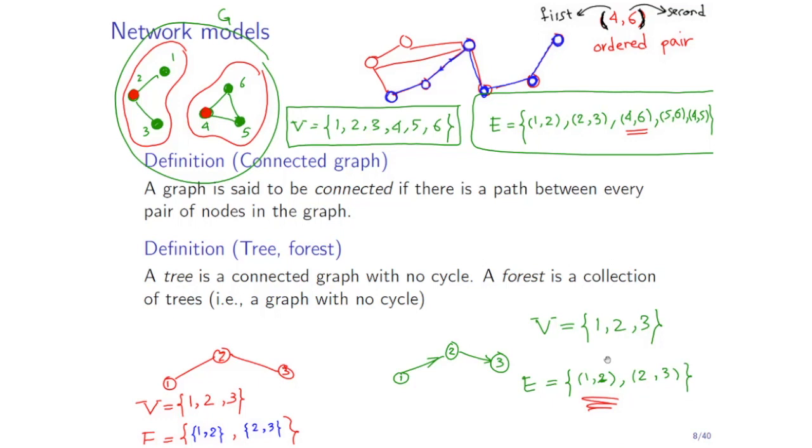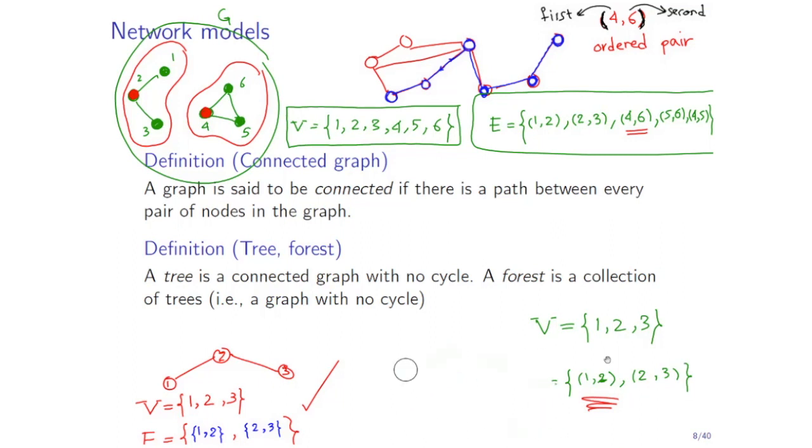This is a more appropriate notation for undirected graphs, and this is actually the correct notation for directed graphs. But let's say we know if our graph is directed or undirected, and just for simplicity we will use parentheses.